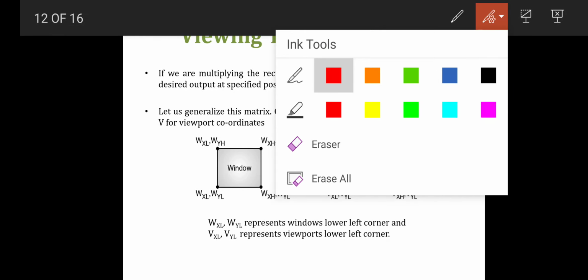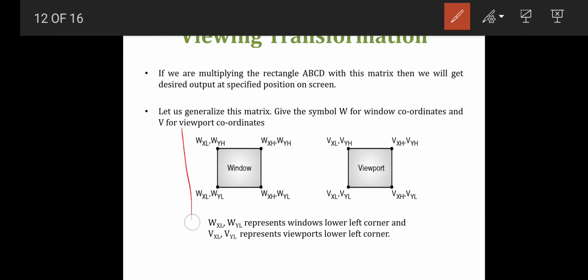It is better to show this in the form of a coordinate system. Now, here you can see this is your x, this is your higher x, this is lower y and this is higher y.